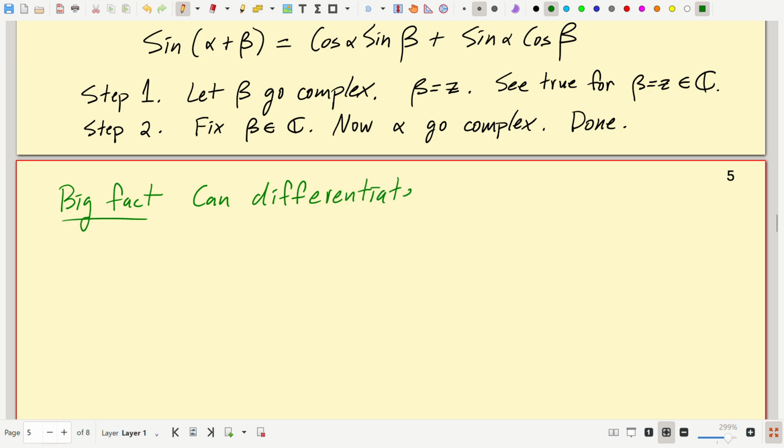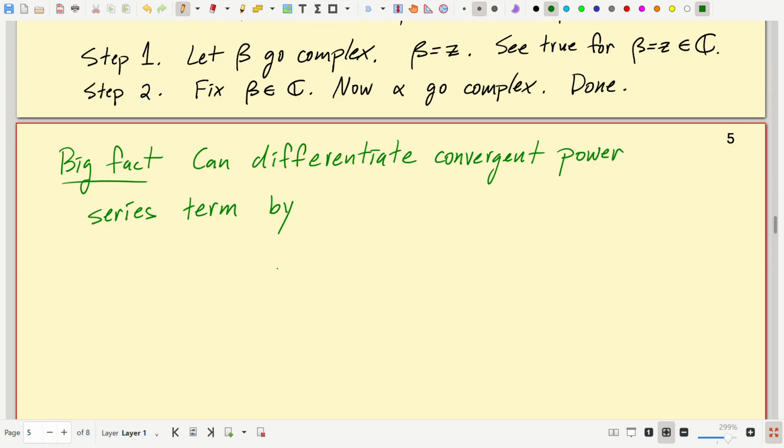So we can differentiate convergent power series term by term. And the radius of convergence for the derivative is the same.